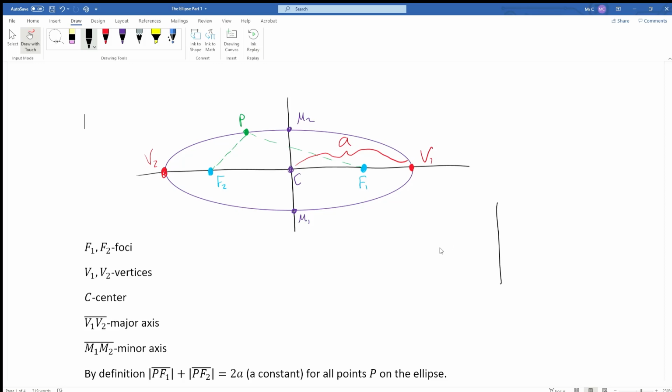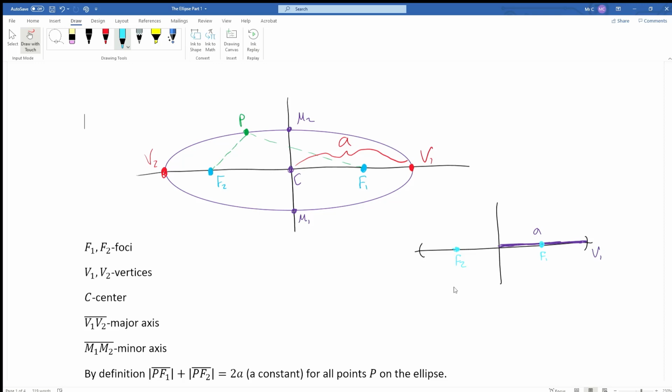So if I just draw that portion, the distance from the center out to the first vertex is a. Now we've also got these foci here and here.